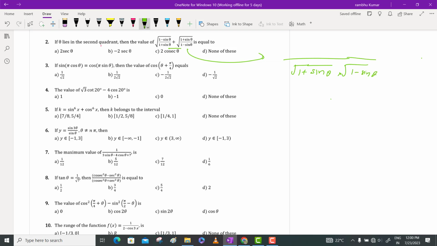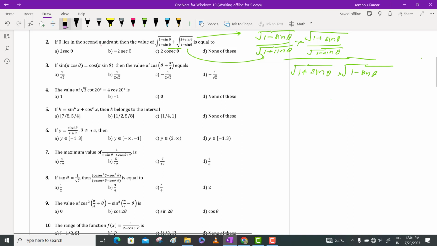Okay, so before this you just try to visualize, we can write this one as 1 minus sin theta divided by root under 1 plus sin theta, plus here we can have 1 plus sin theta divided by root under 1 minus sin theta, correct?